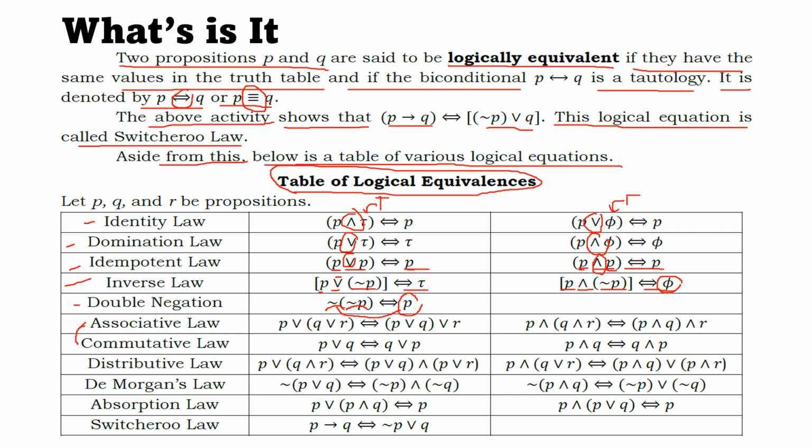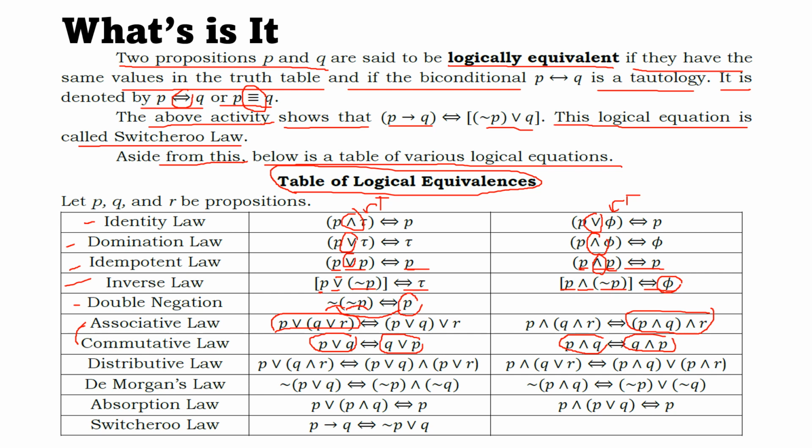As you can see here, there are only two logical statements involved in the commutative law, while in the associative law there are three logical statements: P, Q, and R.